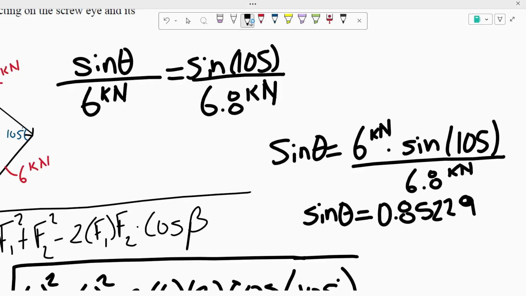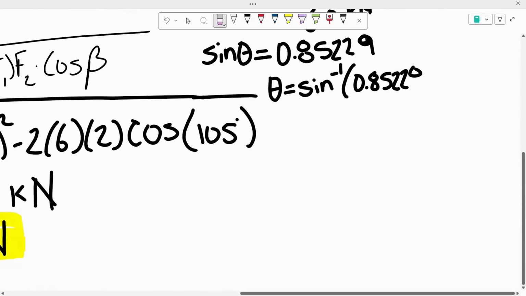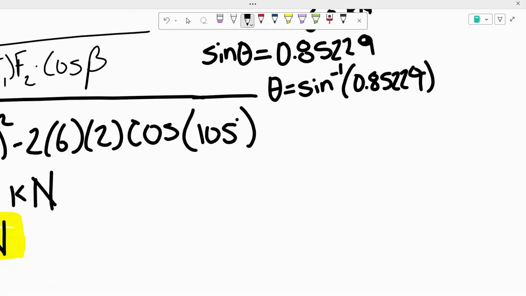Okay, we're almost there. Now we just need to get theta by itself. So all we're going to do is take the sine inverse of what we just found, giving us theta equal to 58.4616.